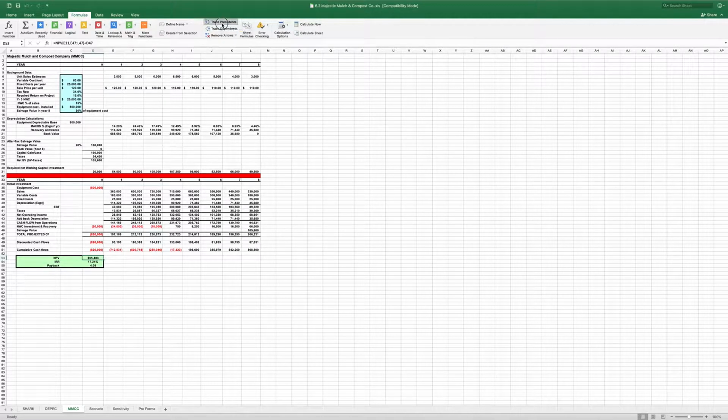It will automatically show you the relevant cells used in this formula. For example, it shows here is the cost of capital, here is the range, cash outflow, and cash inflow, etc. So use this trace to study each cell, particularly the model part.